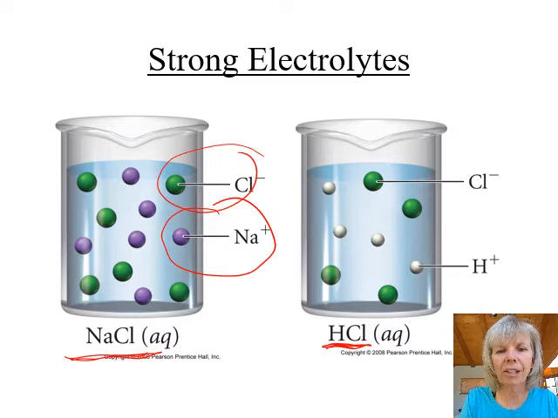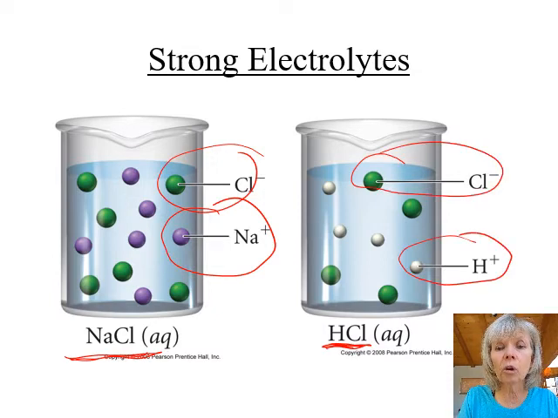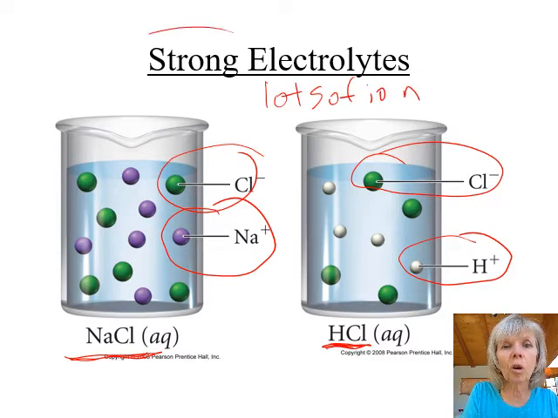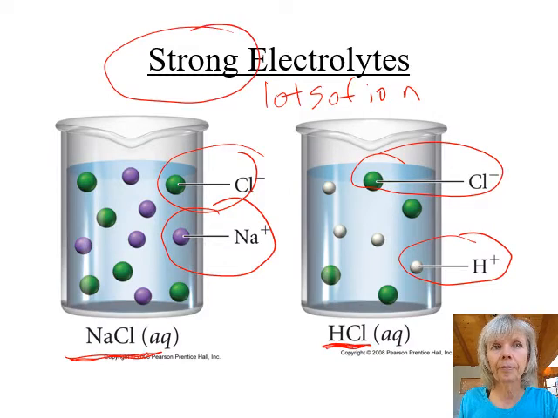This is one of our 6 strong acids. Hydrogen chloride gas, if you bubble it in water, gives you hydrochloric acid, which is again separated 100% into chloride ions and hydrogen ions. Due to all those ions present, lots of ions means it is a strong electrolyte.